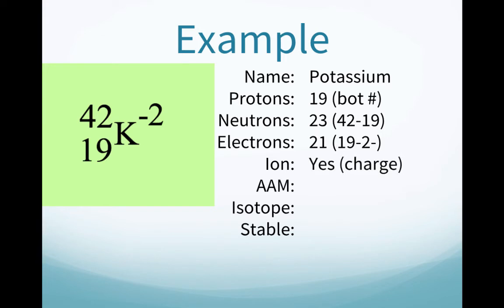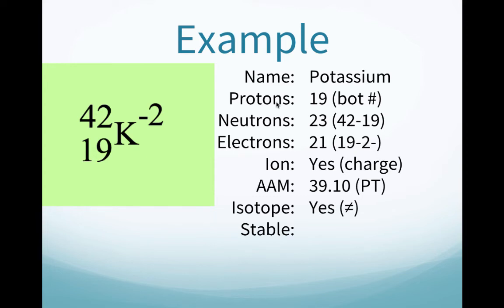This is an ion because it has a charge. The AAM, I've got to go to my periodic table and actually look it up. The AAM for potassium is actually 39.1. So is this an isotope? Again, you have to ask the question, is 39.1 different than 42?